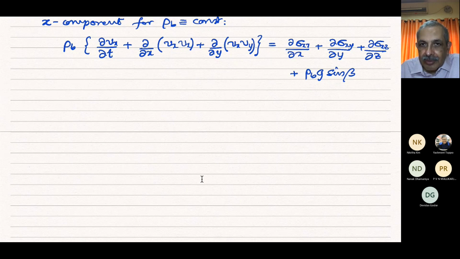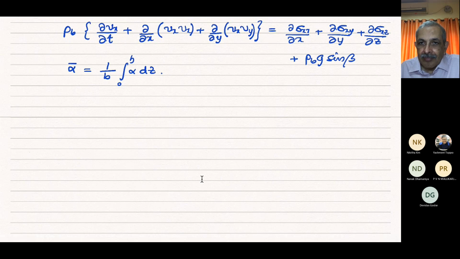If there's any quantity alpha, alpha bar means 1 by B, where B is the width, times the integral from 0 to B of alpha dz. This is what is defined as the average.